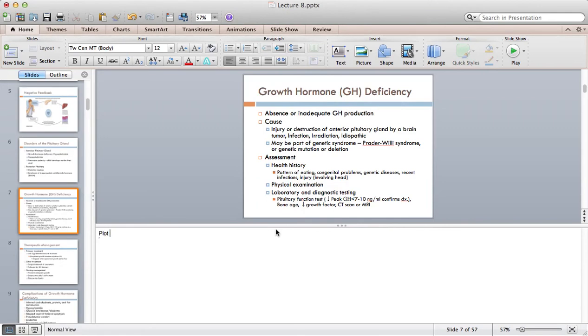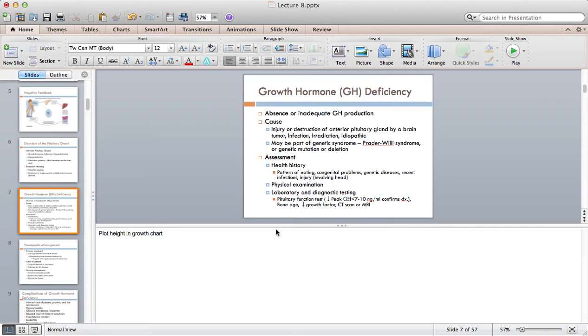In the lab, you will notice that they have to do a pituitary function test, and then you see that the growth hormone is low. And this is really what they use to confirm the diagnosis.